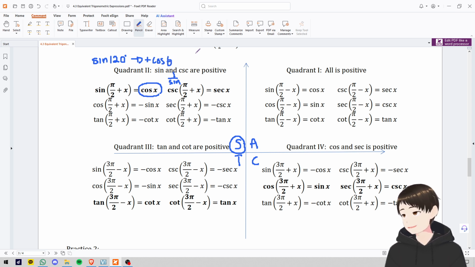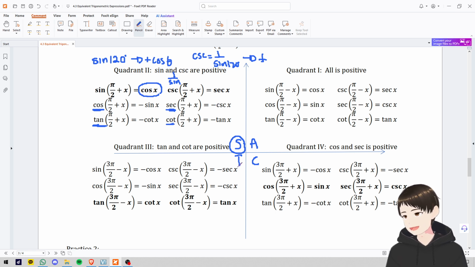If I give you cosecant, which is 1 over sine, of say 120 degrees, that conversion is going to be positive. Anything else will be negative.